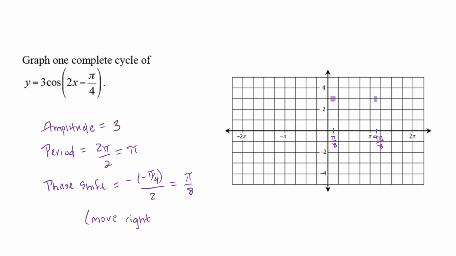Okay, so halfway in between these 2 points is going to be negative 3. Okay, and then halfway between the first point and the halfway point is going to be 0. And then the same thing from the halfway point to the last point, it will be 0.